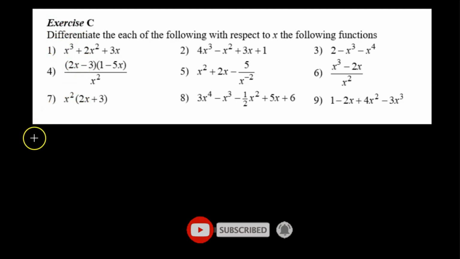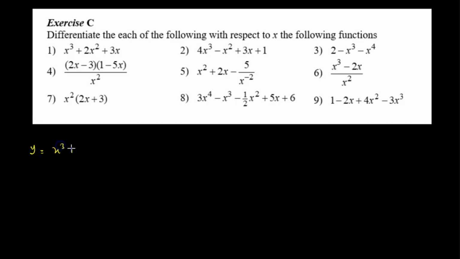For the first example, if I have y equal to x cubed plus 2x squared plus 3x, to find dy/dx, or the derivative of the function with respect to x, as I said, take it term by term, differentiate using simple derivatives, and then bring them all back together. So this gives us 3x squared.